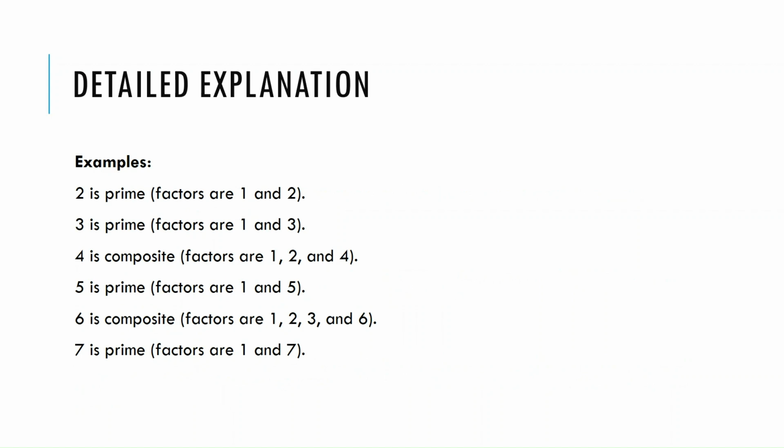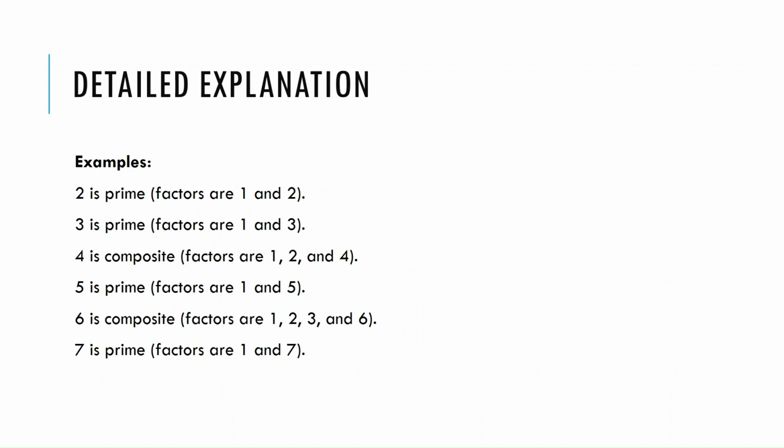Now let us understand the detailed explanation of the examples of a few prime numbers or composite numbers. 2 is prime, factors are 1 and 2. 3 is prime, factors are 1 and 3. 4 is composite, factors are 1 and 2 and 4. 1 into 4 is 4, 2 into 2 is 4, 4 into 1 is 4. So it's more than 2.